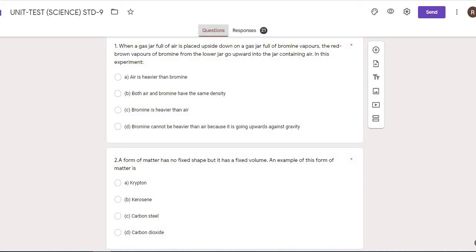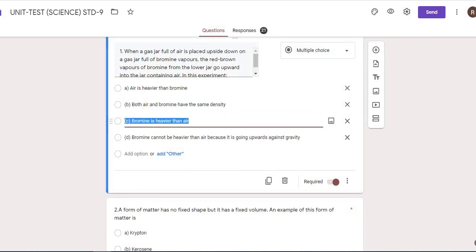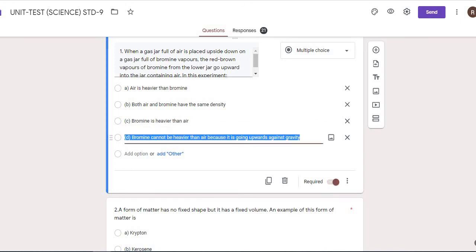In this experiment, option A is air is heavier than the bromine. Option B, both air and bromine have the same density. Option C, the bromine is heavier than the air. And option D, the bromine cannot be heavier than air because it is going upwards against gravity.